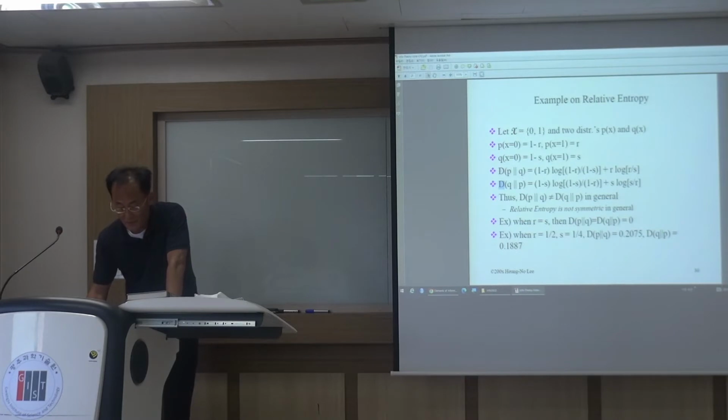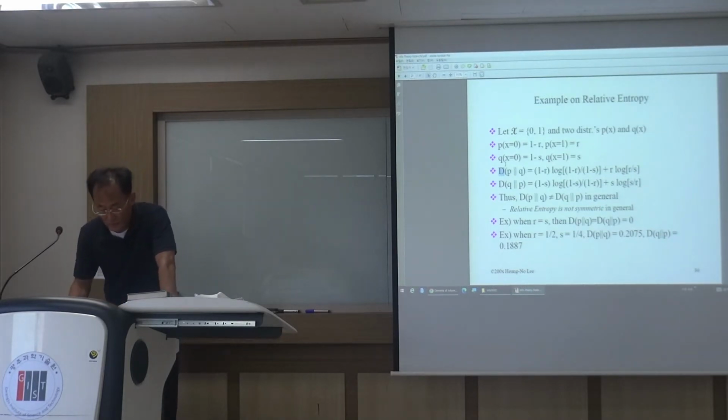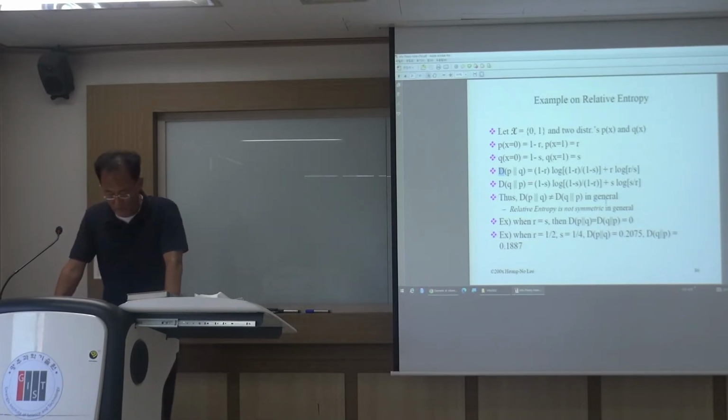So in general, these two are different, because of the asymmetry in the formula. So D(P||Q) is not equal to D(Q||P) in general. In a particular case, it could be 0. For example, when r is equal to s, then obviously there is no distance between the two distributions because they are exactly the same, so both should be equal to 0. Okay.